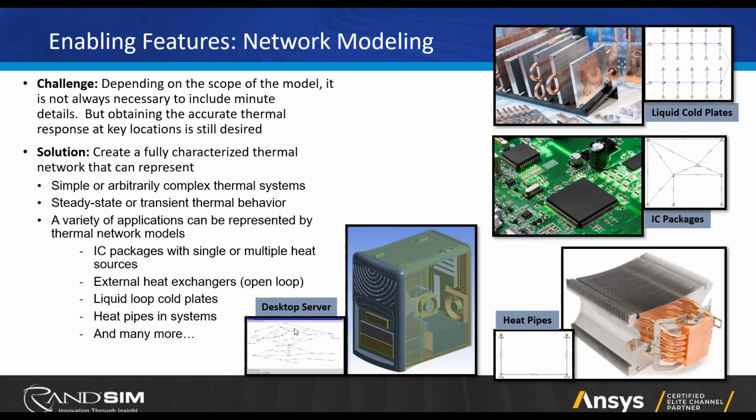And of course, these can be as arbitrarily complicated or as simple as you like. You can have a node for each different type of material in your design, or you could just lump a few different types of materials together and represent them as one node. You have a high level of control.